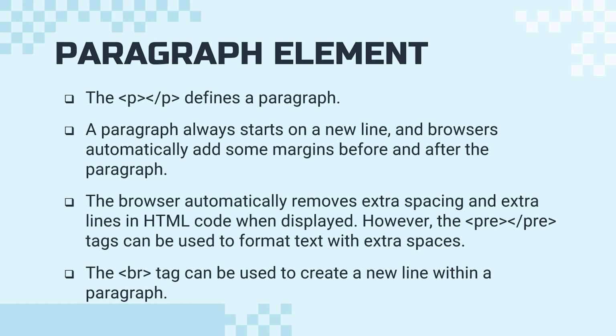The browser automatically removes extra spacing and extra lines in HTML code when displayed. However, the pre-tags can be used to format text with extra spaces. So basically, I think I've hit on this point in one of my videos that browsers remove extra white spaces. So when you leave spaces between text, the browser just leaves one space.